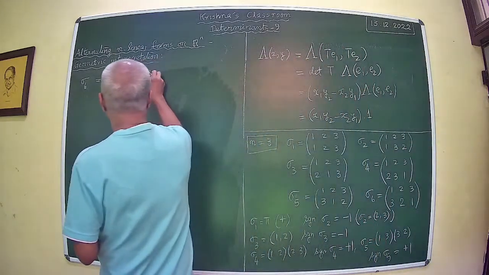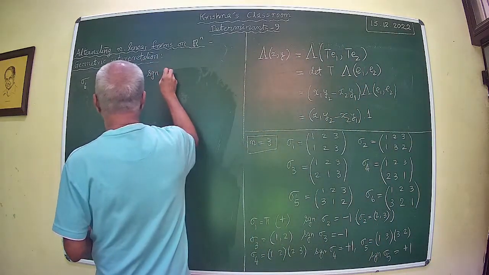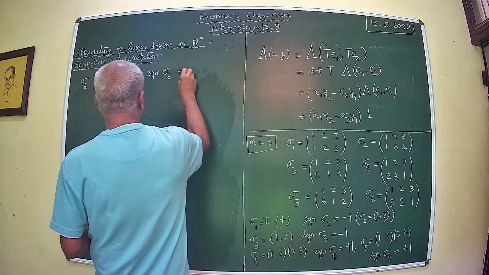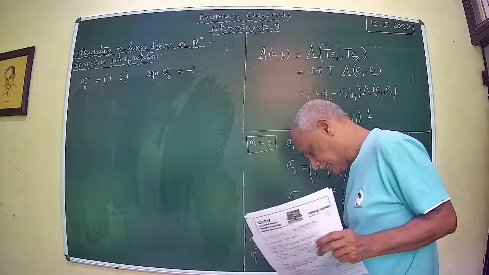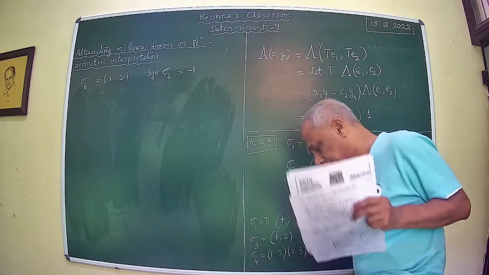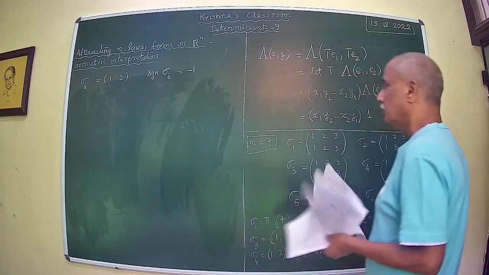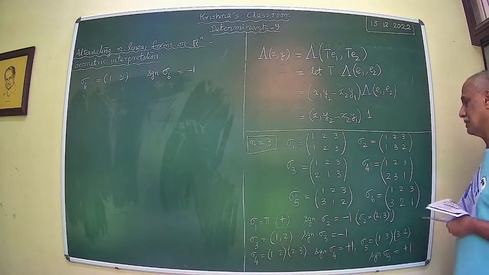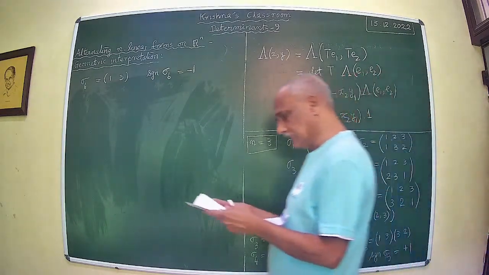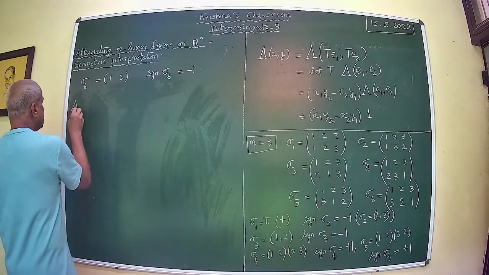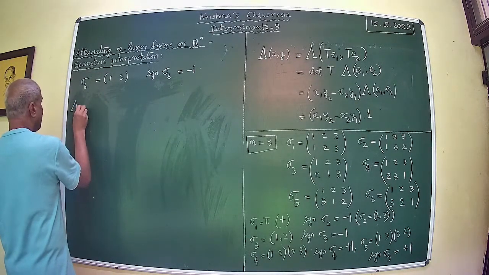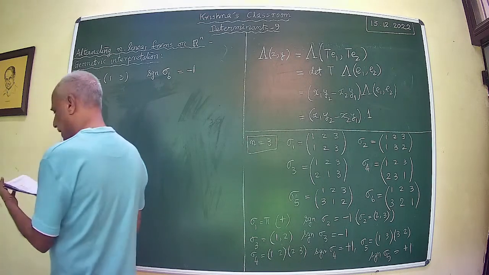Therefore, the sign is minus 1. So these are the permutations that you have and their signs.